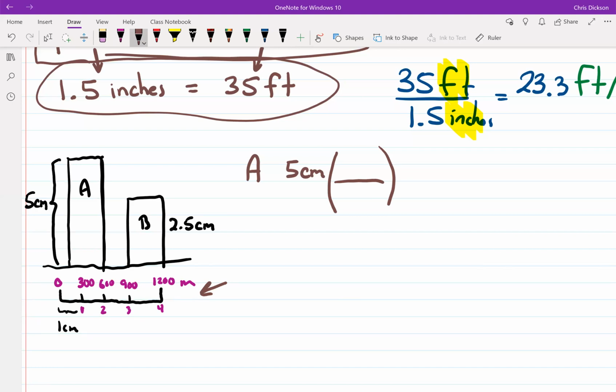Think about all that stuff we did with unit conversions, what you'd want to cancel. What we're going to find out is how many meters tall the building actually is. I'll give you maybe 30 seconds to think about that, then you can write down your answer, and I'll set up question B too.